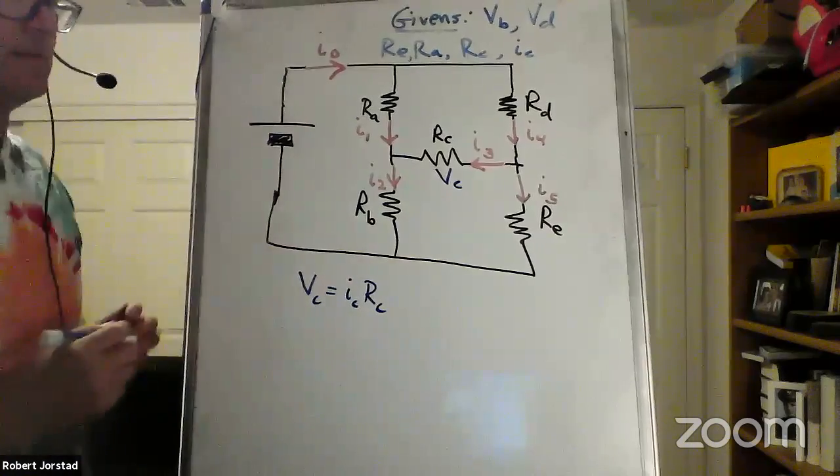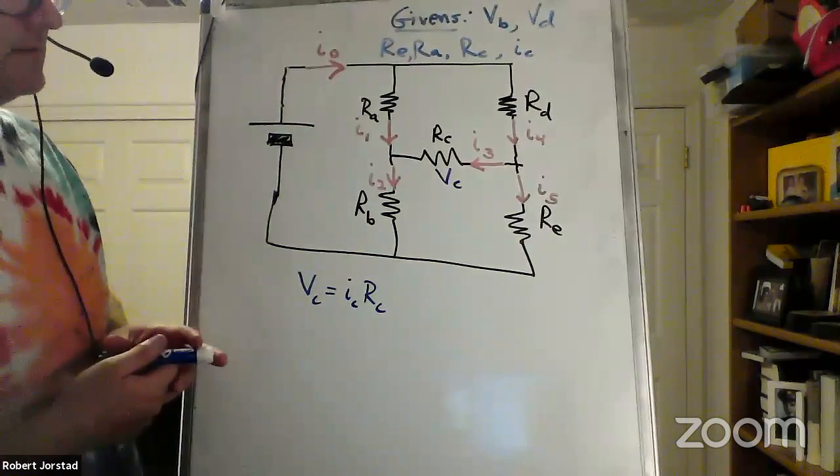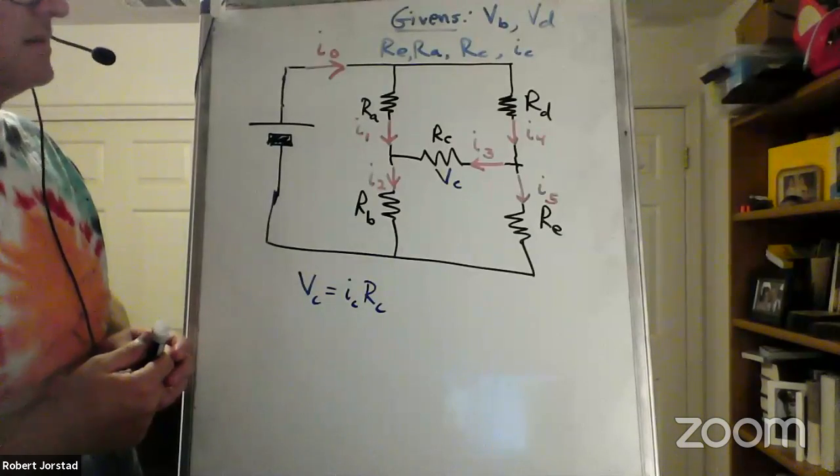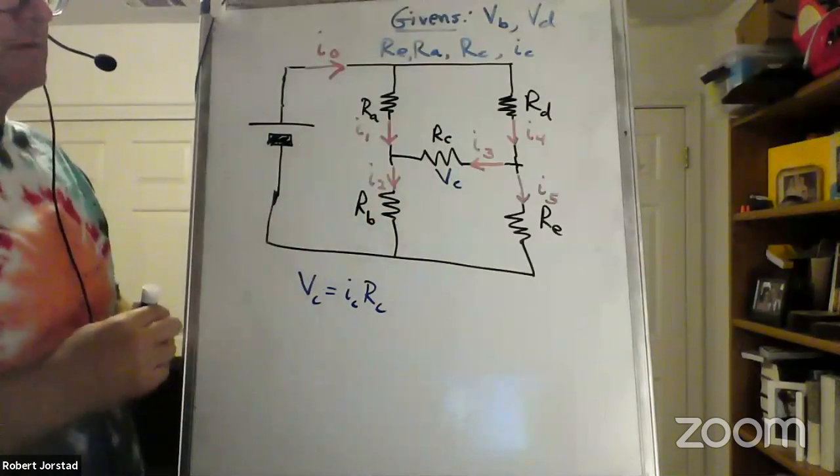So that one's done. Then what did you do next? I wrote down an equation basically relating all of the potentials in the upper loop of resistor A, D, and C. That loop? Yeah. That's cool.